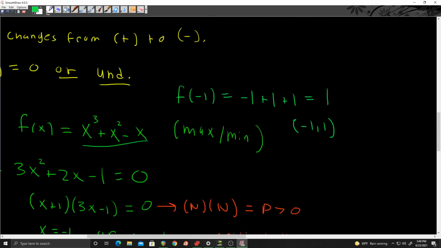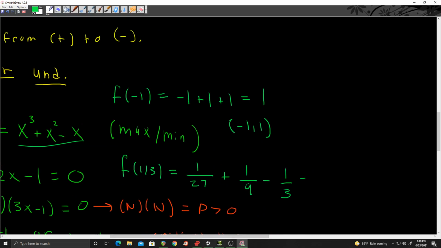And now for the minimum, f at 1/3. Well, 1/3 cubed is going to be 1/27 plus 1/9 minus 1/3. So, common denominator business, 27.